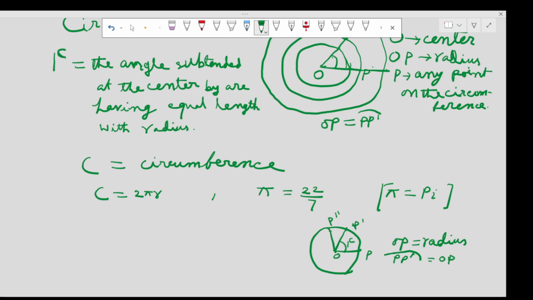See, we are using the rule of three. Everybody knows the rule of three. Here writing arc length, and here writing angle.